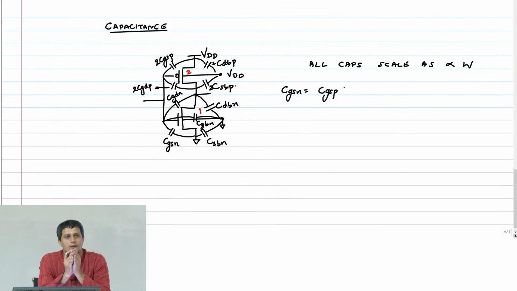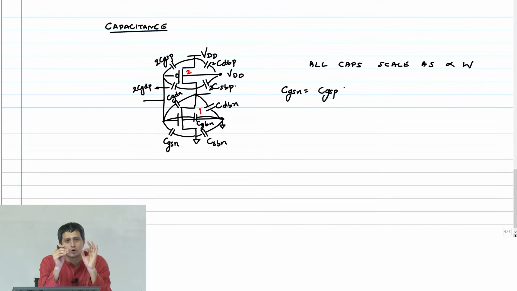So the first thing to do is, there are too many capacitances here. For our first order back of the envelope calculations, we don't need this many capacitances. I am not worried if the value of CGD and CDB are slightly different.